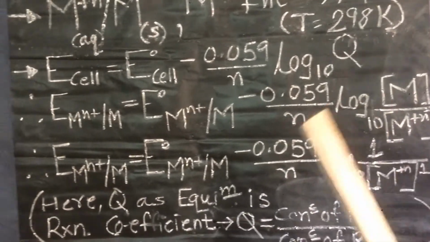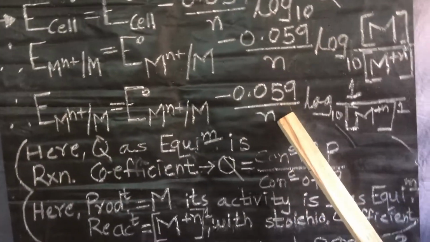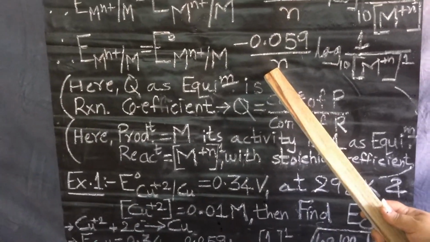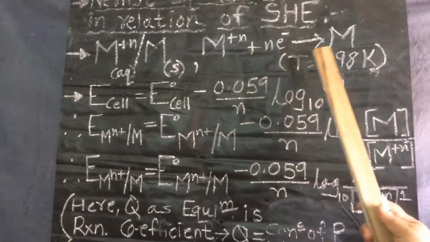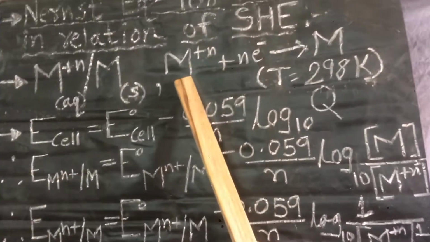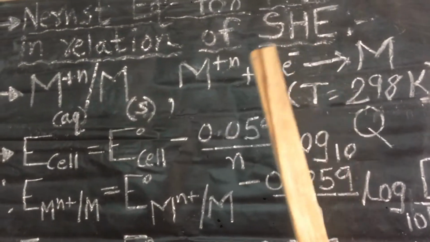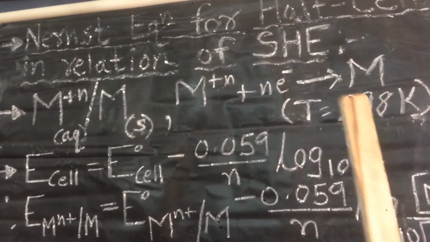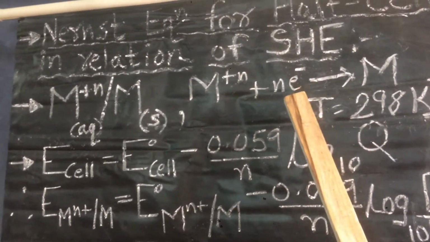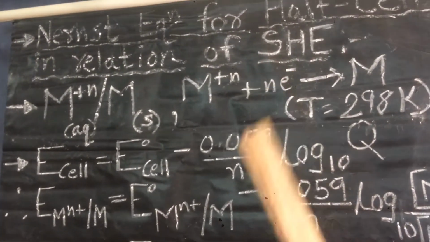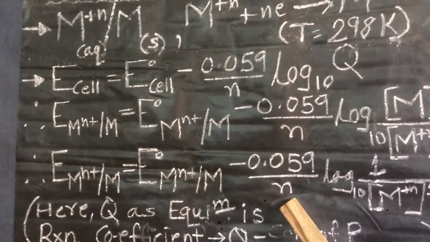Now pay attention, here n stands for the number of electrons. We will have to see the reaction: how many electrons are gained or donated? Here we can see the number of electrons gained is n, so it remains n.